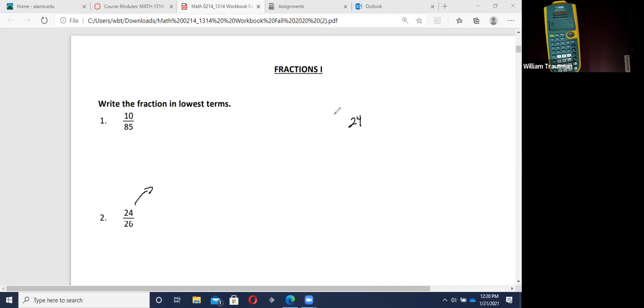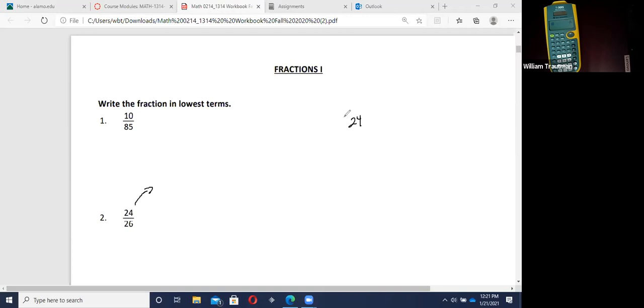Prime numbers are numbers that don't divide into anything else, like 2, 3, 5, 7. But prime numbers only divide into 1 and itself. 3, 1 times 3, that's it. 5, 1 times 5. 7, 1 times 7. 8 is not prime because it's 2 times 4 or 1 times 8.